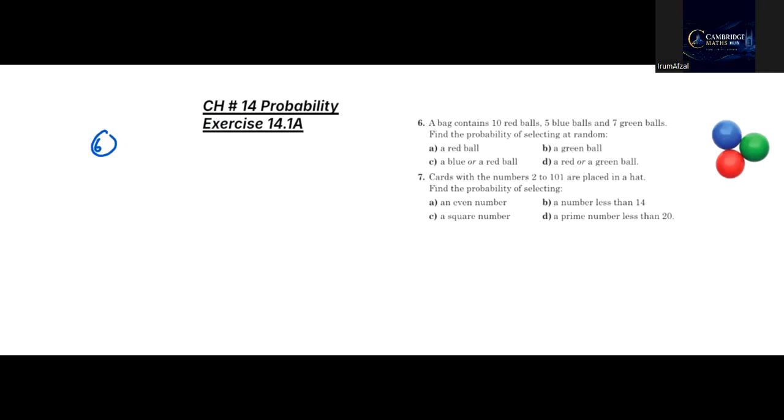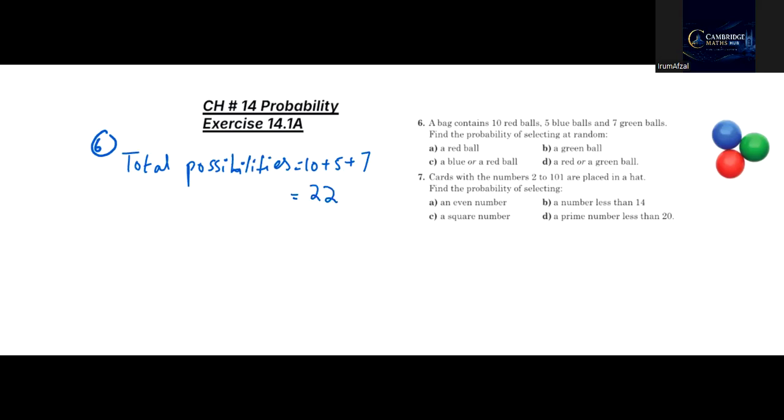So total possibilities, or total possible outcomes. So we have 10 red balls, 5 blue balls and 7 green balls. So total 22 possible outcomes.